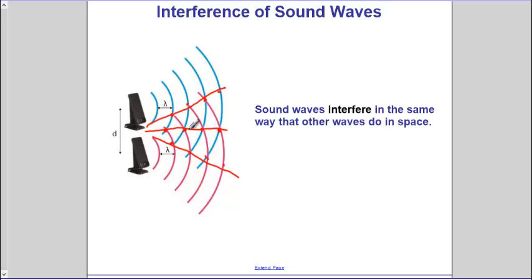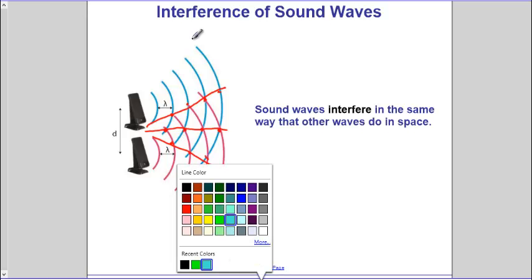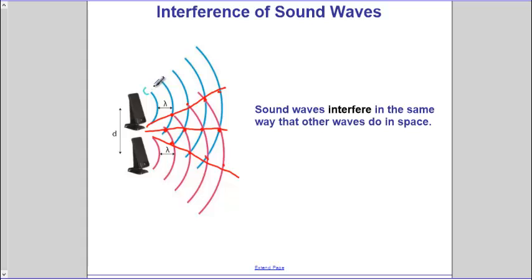Now, halfway between these, we'll have a crest of the purple wave meeting the trough of the blue wave. Let's just identify the locations of the crests and troughs. So we have crest, trough, crest, trough, crest, trough, crest. You get the idea.